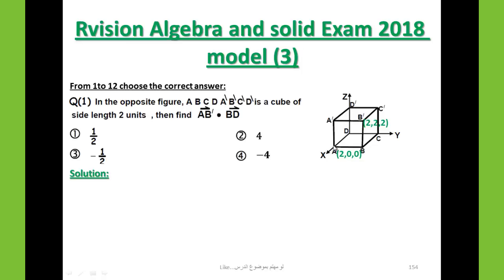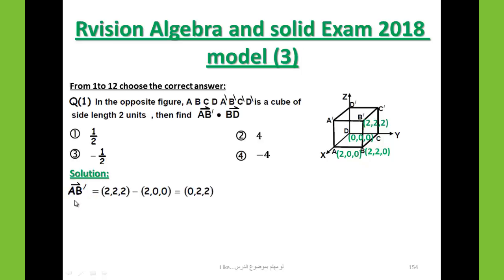D has coordinates 0, 0, 0. B has coordinates 2, 2 and 0.